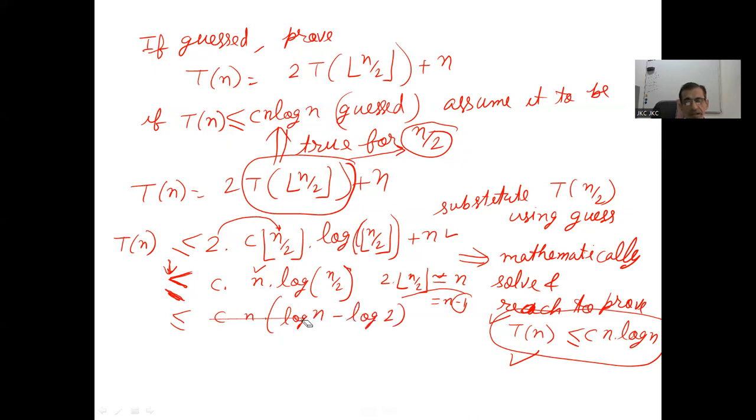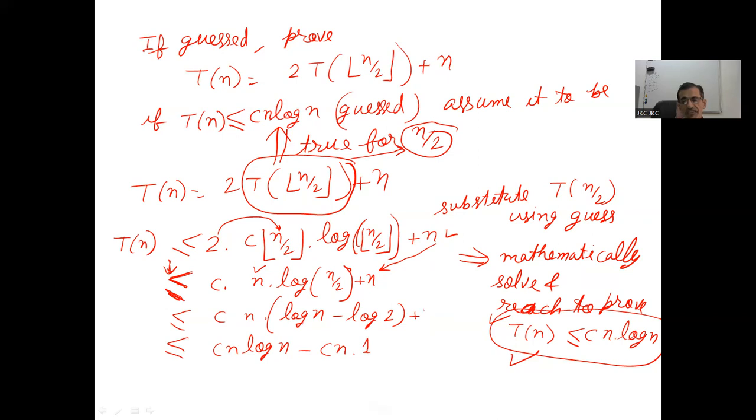I'll remove this line. So I can still say this becomes Cn log n minus Cn into 1. The plus n was obviously written earlier, so that n will still continue. I forgot to write this n. I'll remove this so that you don't get confused.